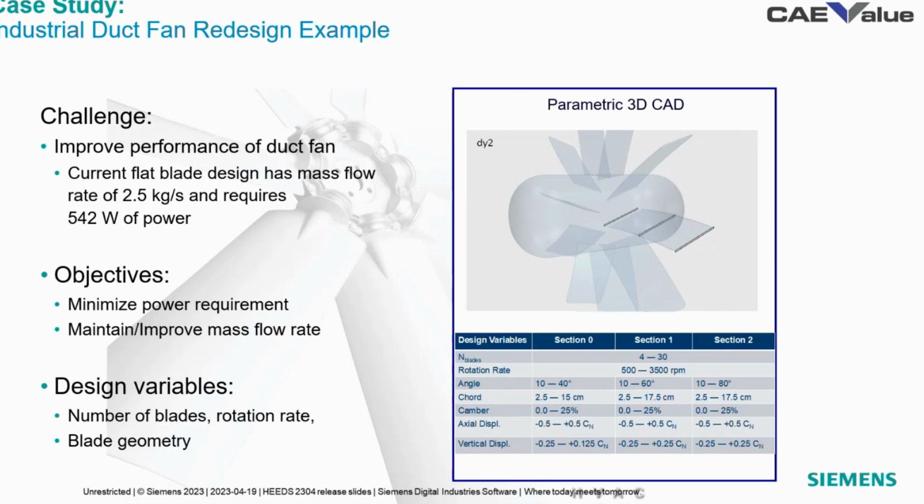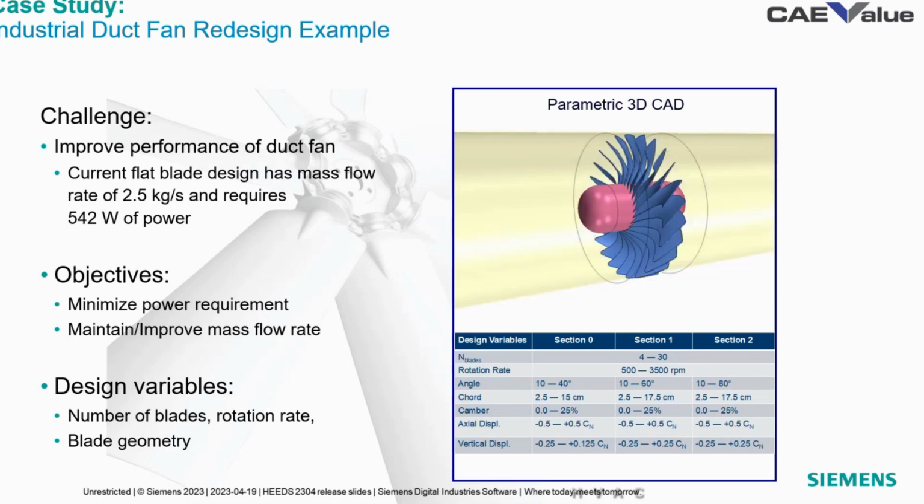All right, so that's how the CAD model has been parameterized and how the different design variables affect the design. Here are just examples of how different designs can look.